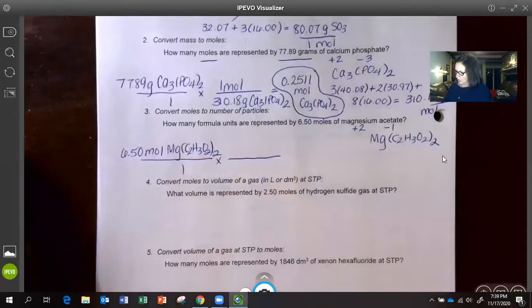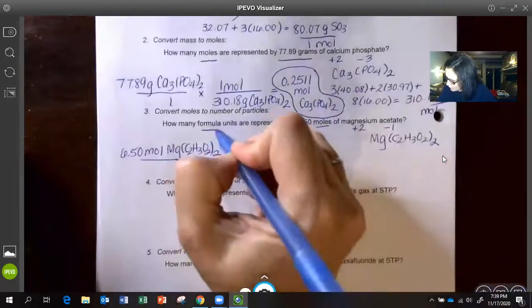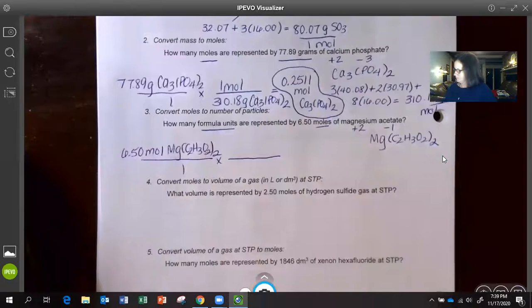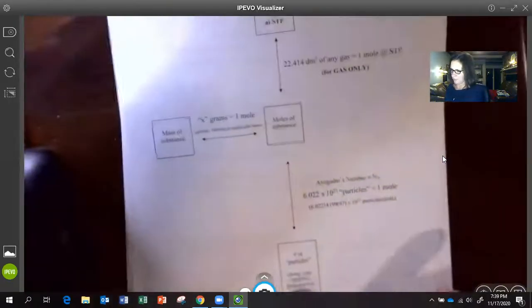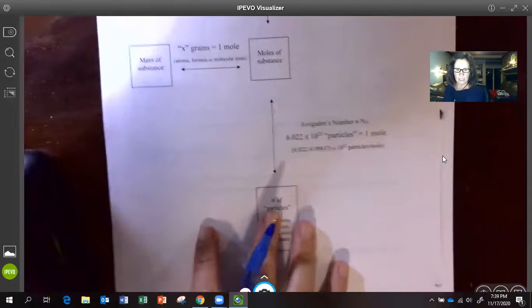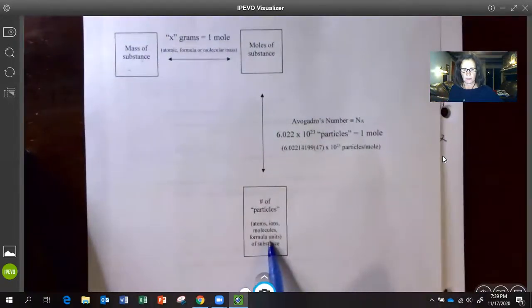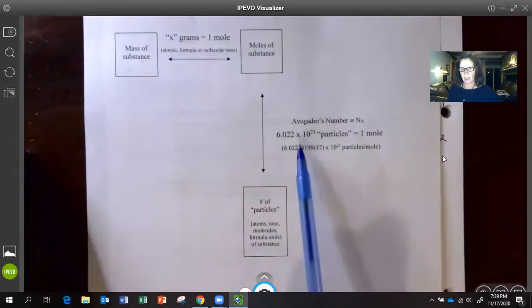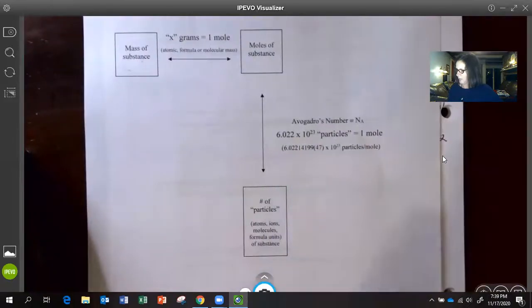And using my mole diagram, I want to go from moles to formula units. So as you look at your mole diagram, you'll see that formula units are how we designate particles of ionic compounds. Right? So we're going to use Avogadro's number as our conversion factor for this mole problem.